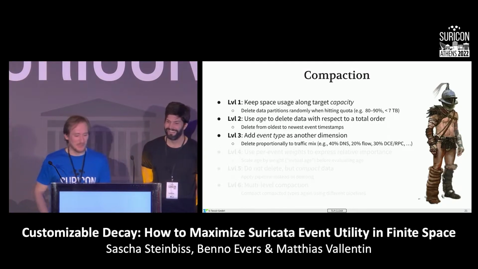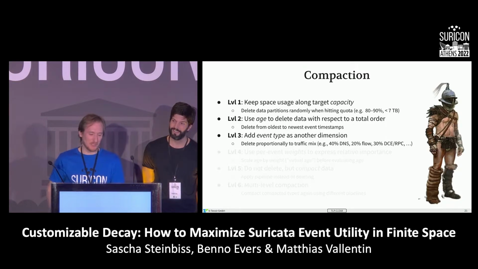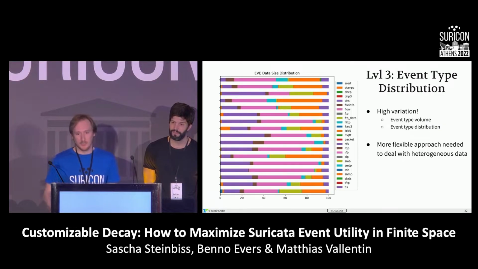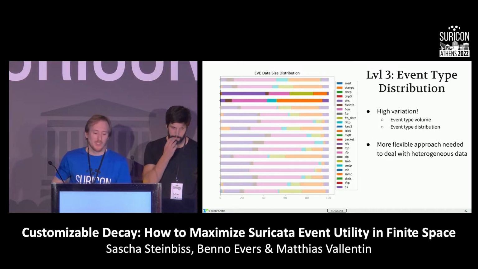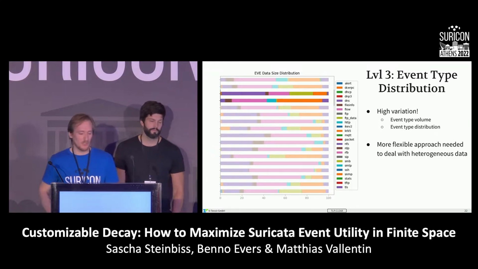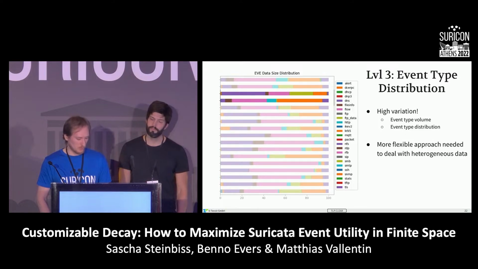Yeah. So in fact, level 2 was what we actually had implemented in VAST when we started this project with DCSO. And one of our first ideas was to have a static traffic mix distribution. But when we looked at actual real-world data, it turns out that this is wildly different across different hosts. For example, if you look at these two, the upper one sees a lot of DNS data, whereas the one right below sees almost no DNS data at all, and it's just all flows and, I think, HTTP maybe.